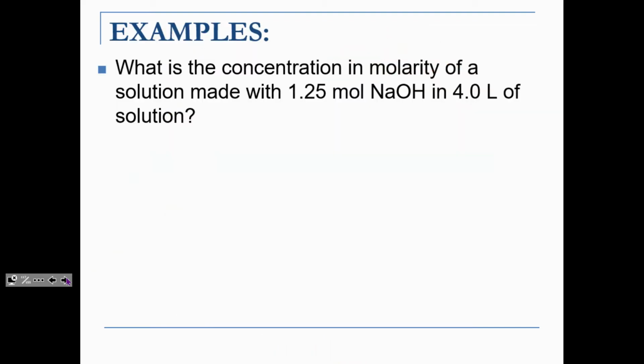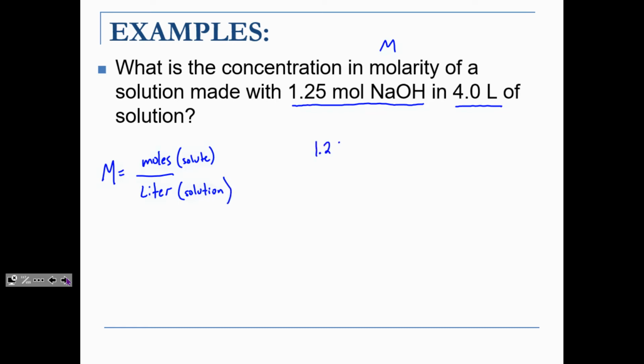So here's an example involving molarity. What is the concentration in molarity, which is capital M, of a solution made with 1.25 moles of NaOH in 4 liters of solution? Molarity is moles per liter, moles of solute over liters of solution.